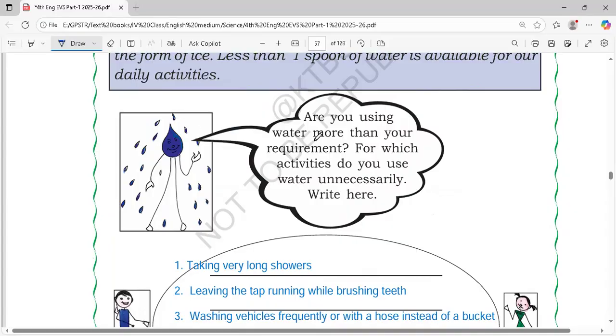Next. Are you using water more than your requirement? For which activities do you use water unnecessarily?